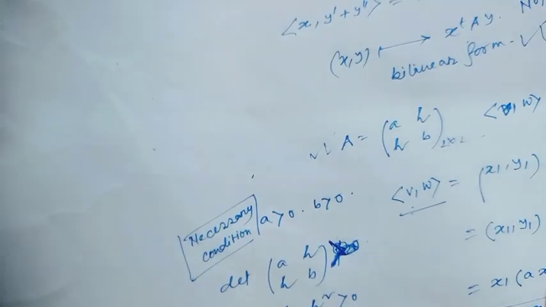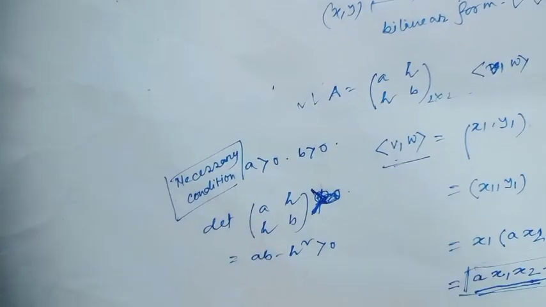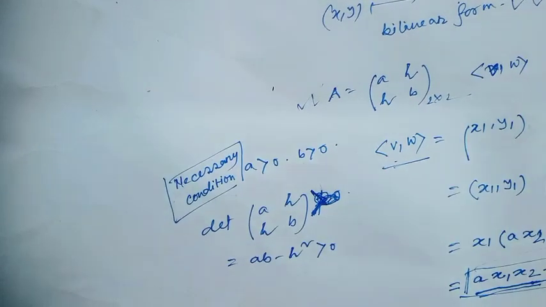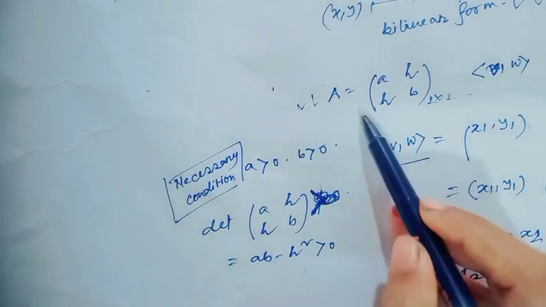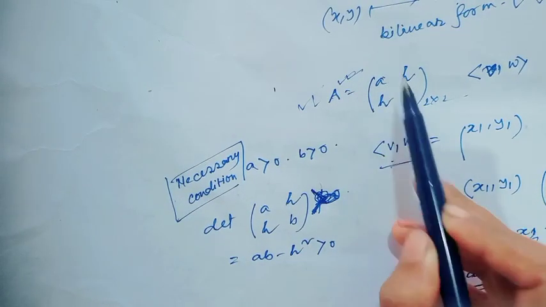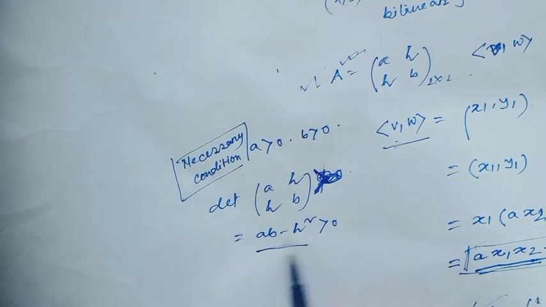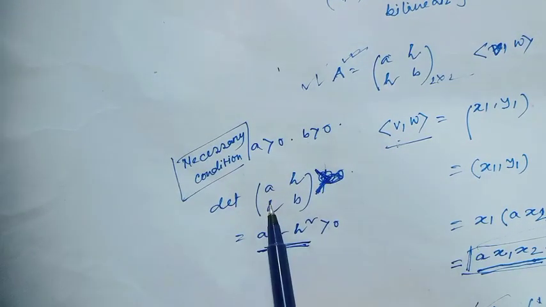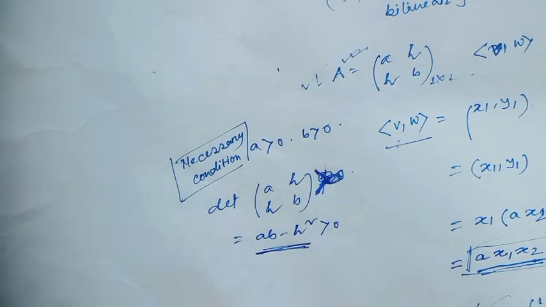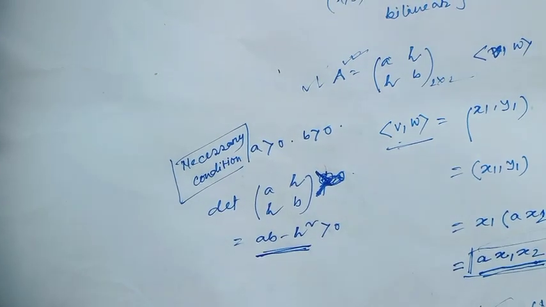That means not all symmetric matrices define an inner product, and this is an inner product when the matrix is positive definite. And what is the necessary condition of positive definite? If we consider this matrix, then always a would be greater than 0, c greater than 0, and the determinant of the matrix always would be greater than 0. I hope my all viewers have understood why I told you in my previous video about positive definite, negative semi-definite.